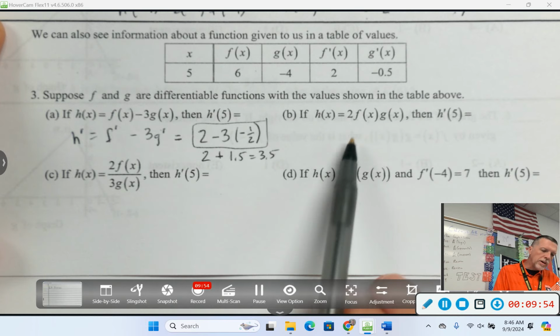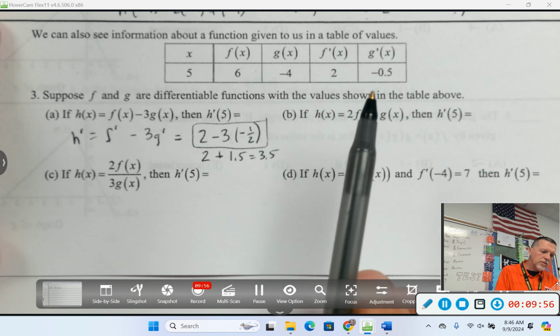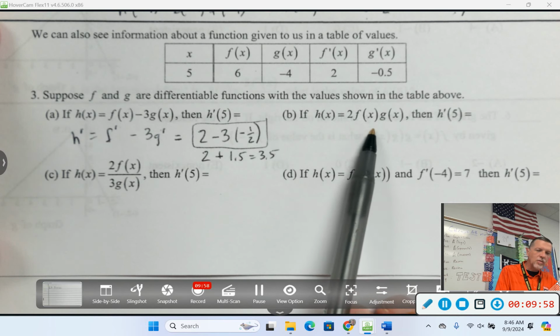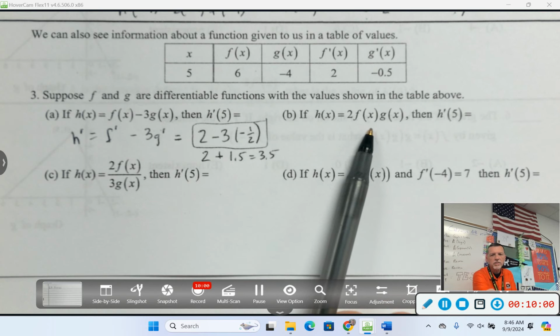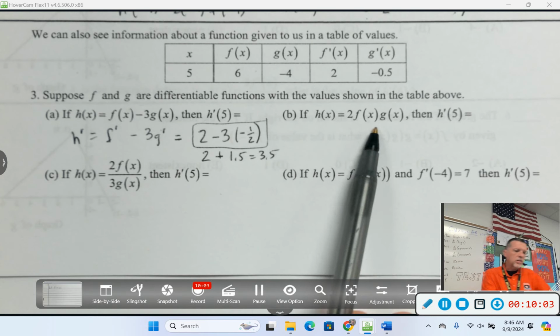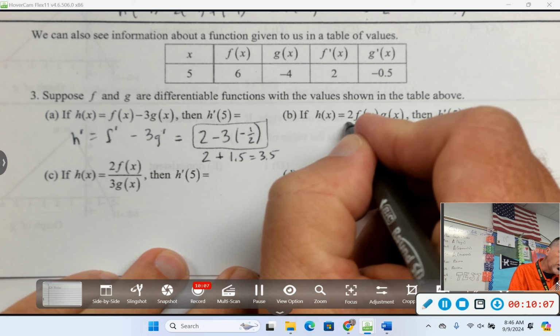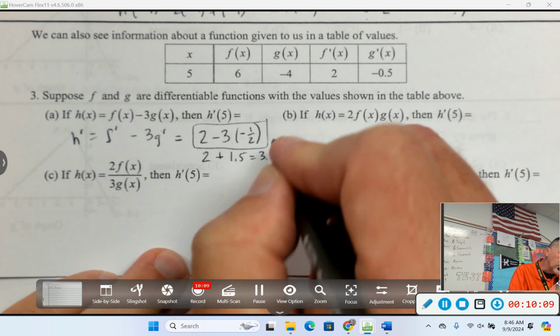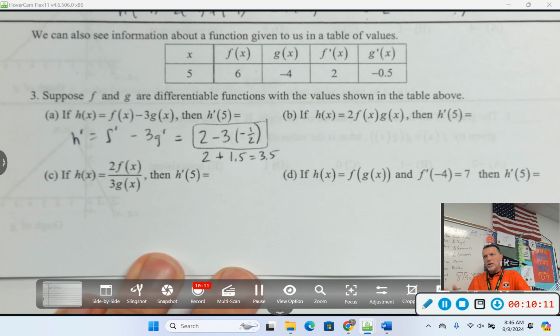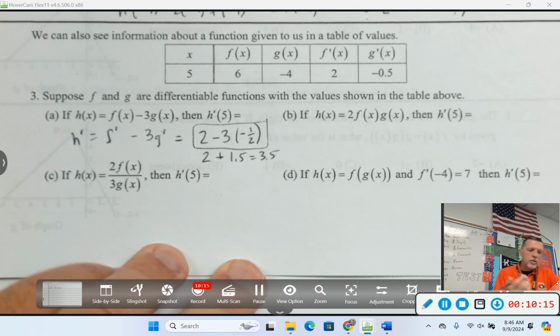What will we have to do for B? What rule will we be thinking about? Product rule. So I'm a little nervous about the 2. Either leave it out front and do the product rule, or attach it to F and do the product rule. Either way.